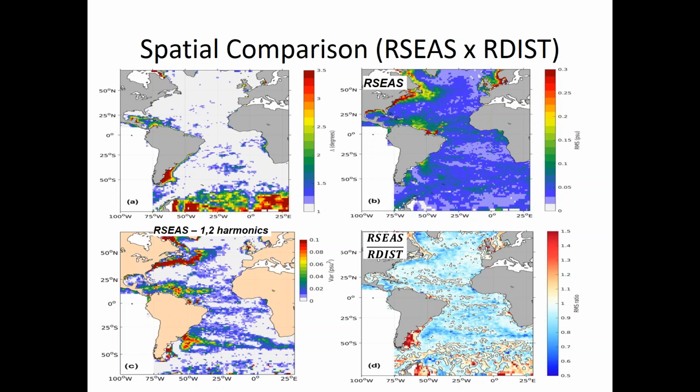And if you do a ratio between including seasonality or the RDIST, so if you get the ratio of the RMS, and we plot it here, if the ratio is 1, it means that you have the same uncertainty for both. If it's below 1, it means that the RCs RMS is smaller. So we see that in most of the basin, by including seasonality, we gain a little bit, some incremental gain.